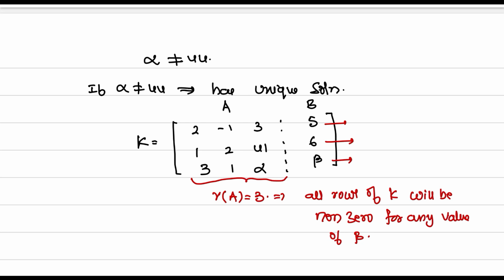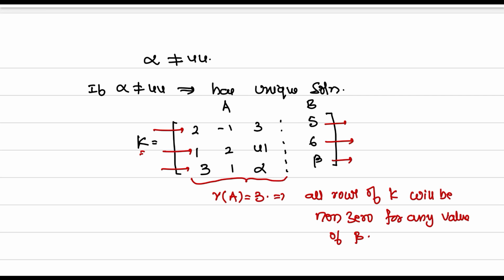For example, this row is non-zero, this row is non-zero, this row is non-zero. Then suddenly the augmented matrix K, any row cannot be 0.